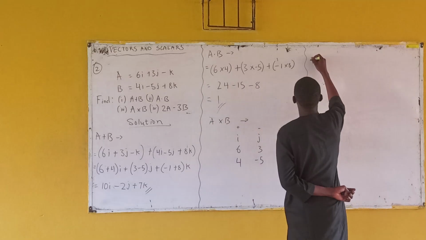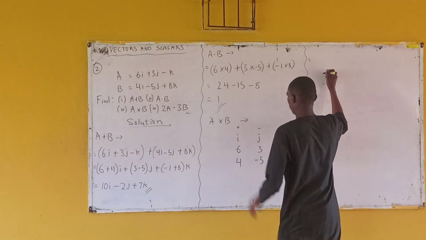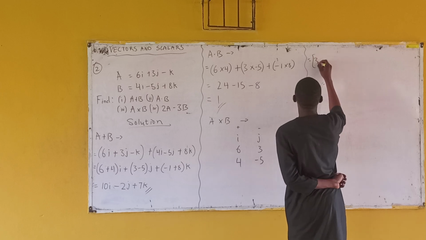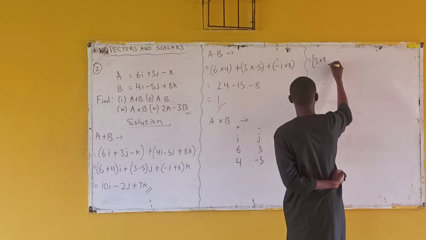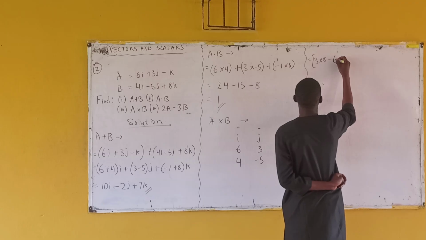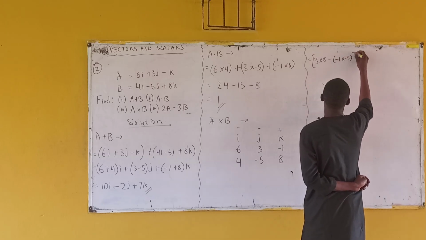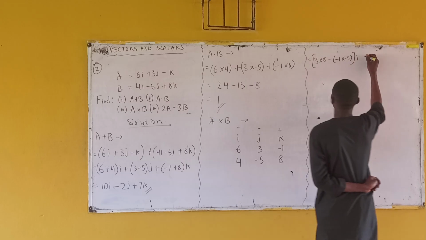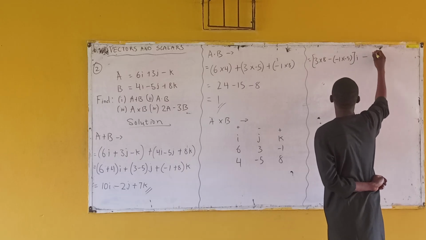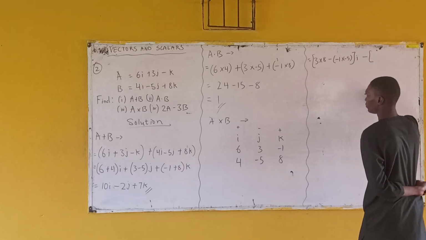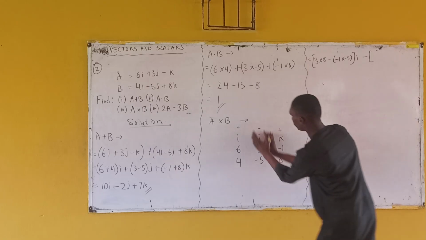For i, we have 3 times 8 minus minus 1 times minus 5. Then what do you have next? Minus, thank you. Let's cover this one.